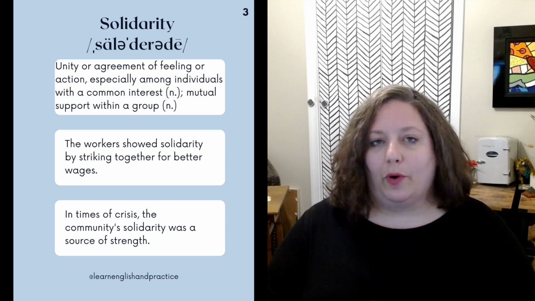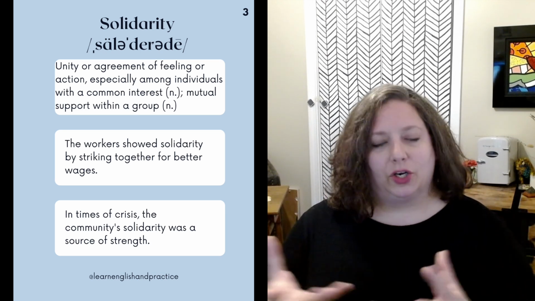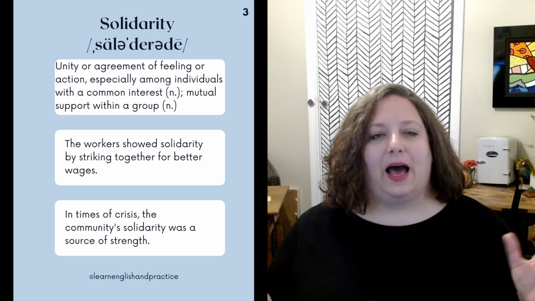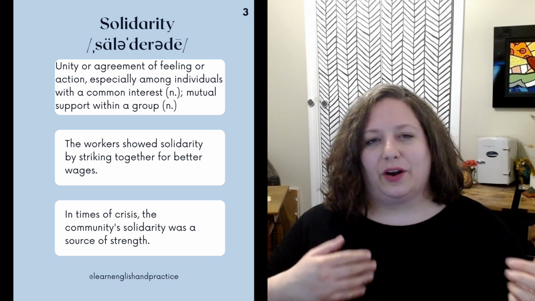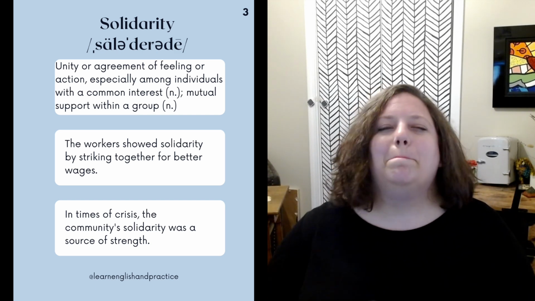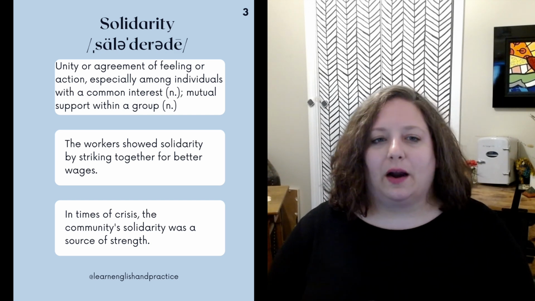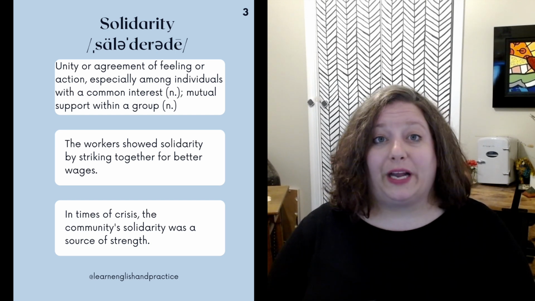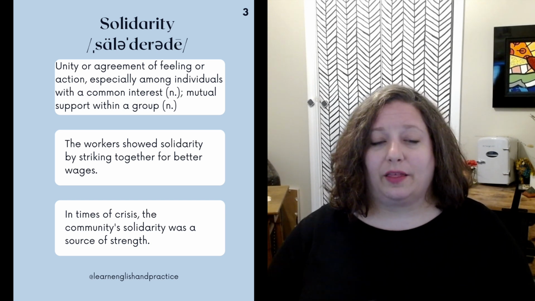So when people form a union in a workplace, the underlying concept is that they're coming together to support each other and to stand strong with each other. So that's the main association with that word. Examples are, the workers showed solidarity by striking together for better wages. In times of crisis, the community's solidarity was a source of strength.